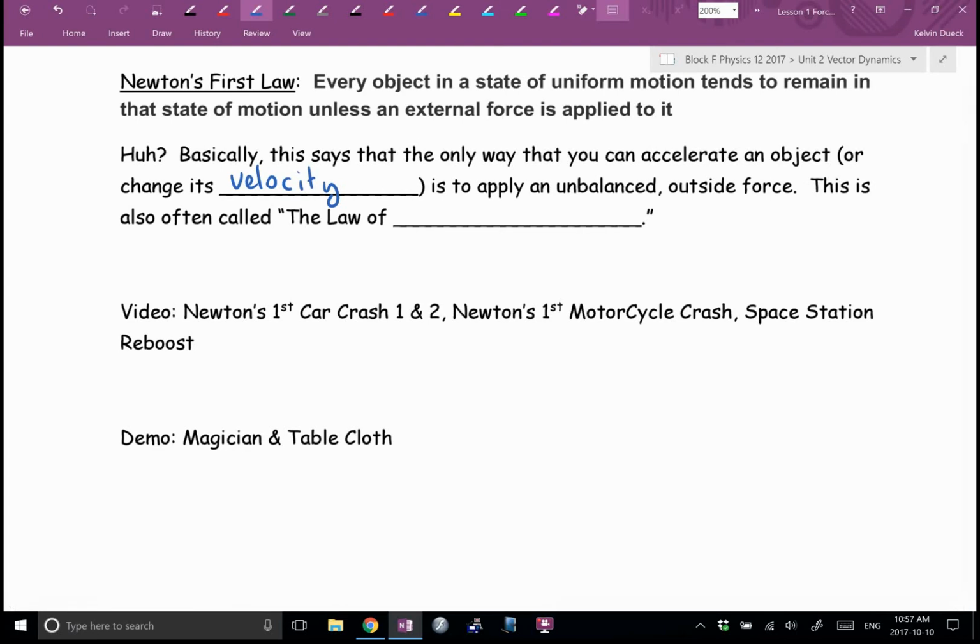In other words, remember, since acceleration is a vector, it has both magnitude and direction. If an object is changing its speed or its direction, there's an unbalanced force acting on it. Instead of saying speed and direction, I'll just say if an object is accelerating, there's an unbalanced force acting on it. If it's not accelerating, the forces add to 0. The net force is 0.